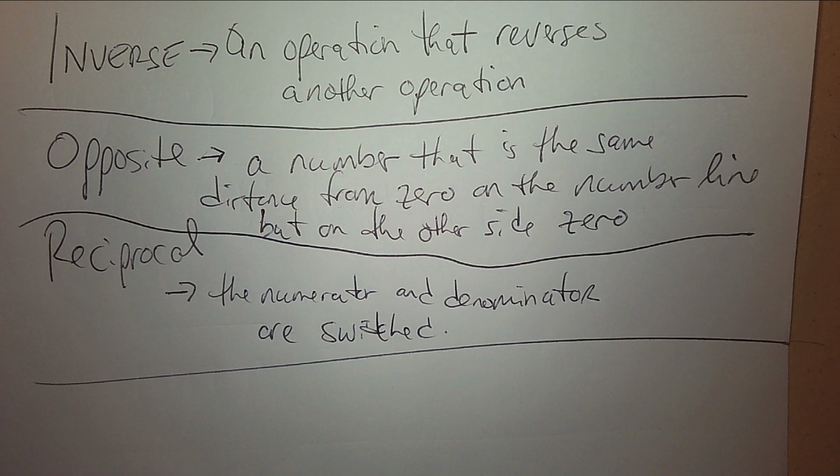So, what's the reciprocal of 1/2? What's the opposite of 1/2? And what's the inverse? Well, it doesn't have one because it's not an operation. Oh man, we're there, right? So, today's lesson is on.